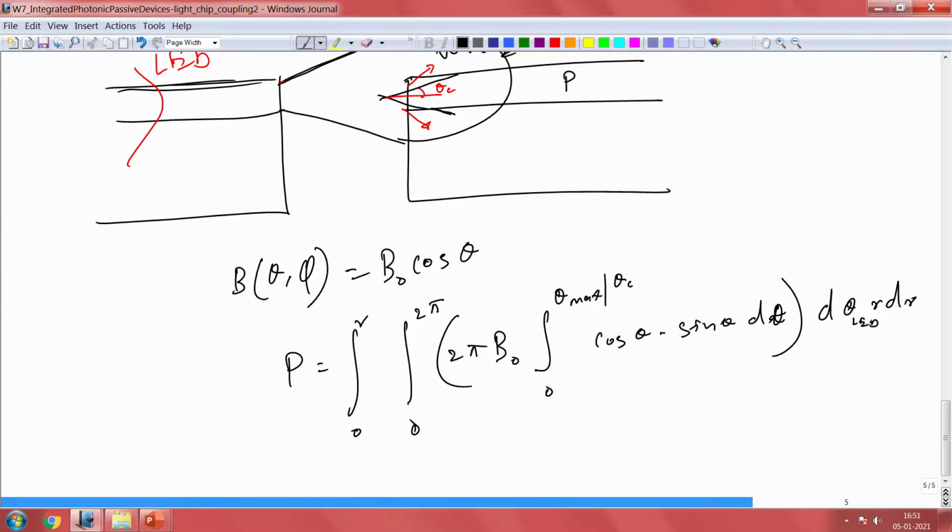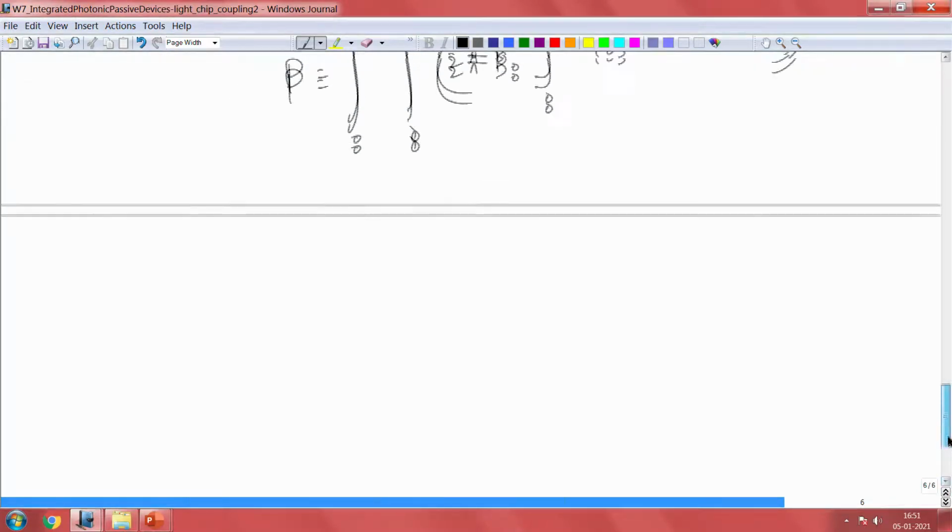So, what is the LED angle of illumination that you have. Okay. So, this gives you the capture of the power that is coming out of this system.